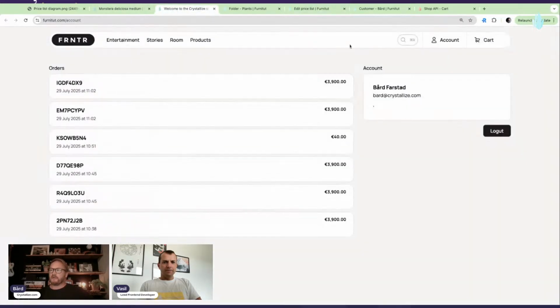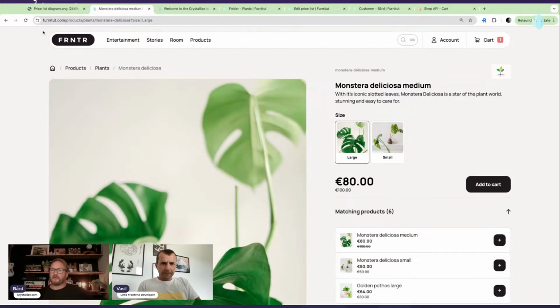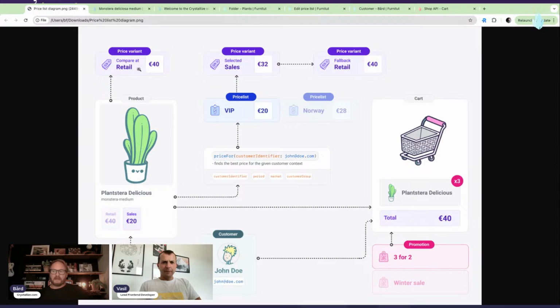So if I take a look, this is just another window where you see that I'm logged in. So if I'm lucky now, when I do a refresh, I actually get a better price since I'm part of the Norwegian market, right? So here we have the first layer of stacking, where we have our initial price, which for our plant was 100.